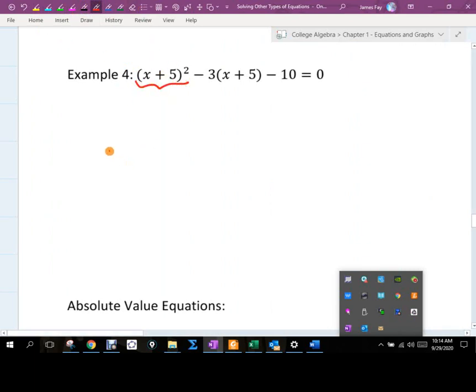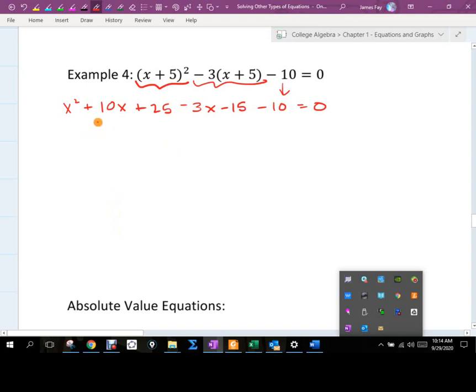Can I expand that as x squared plus 10x plus 25? Does that make sense? Does this turn into negative 3x minus 15, and then bring down my minus 10 equals 0? Can we do that?